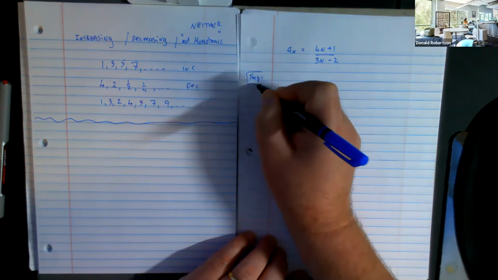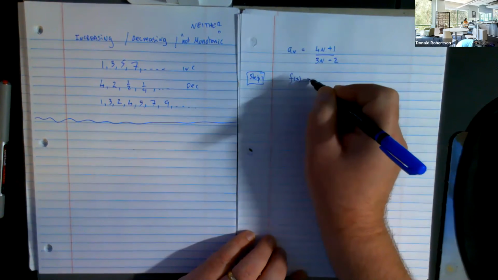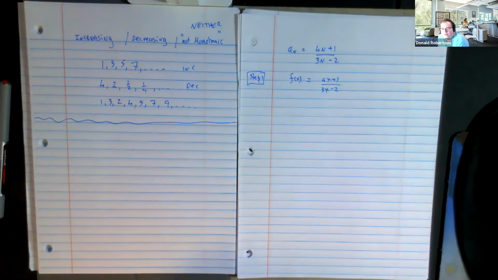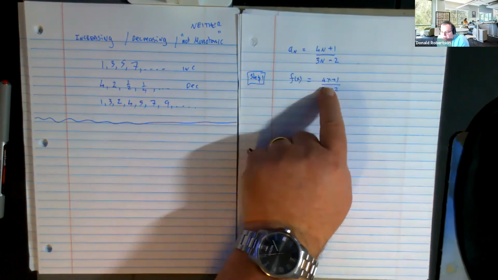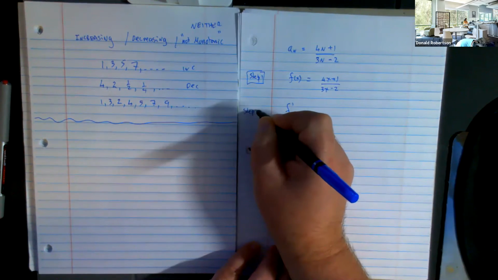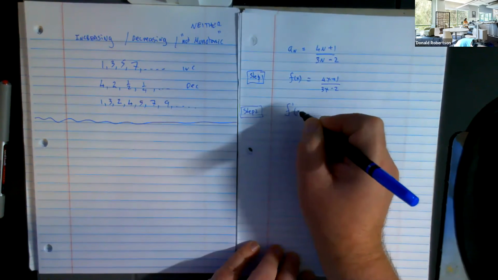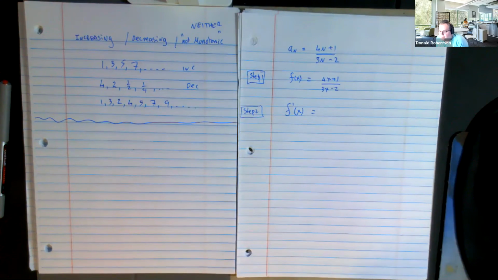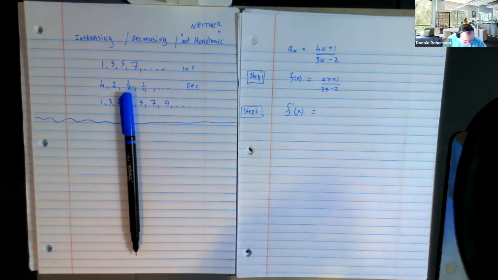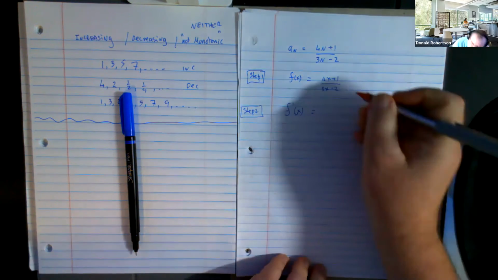Step one is you find the real valued function that has the same formula. So would you agree that that and that are essentially the same? And then, in step two, you differentiate this function. So, yep, Calc 1 is coming in, differentiation. Now, am I going to use the product rule, the quotient rule, the chain rule? What kind of rule am I going to use to differentiate this guy?